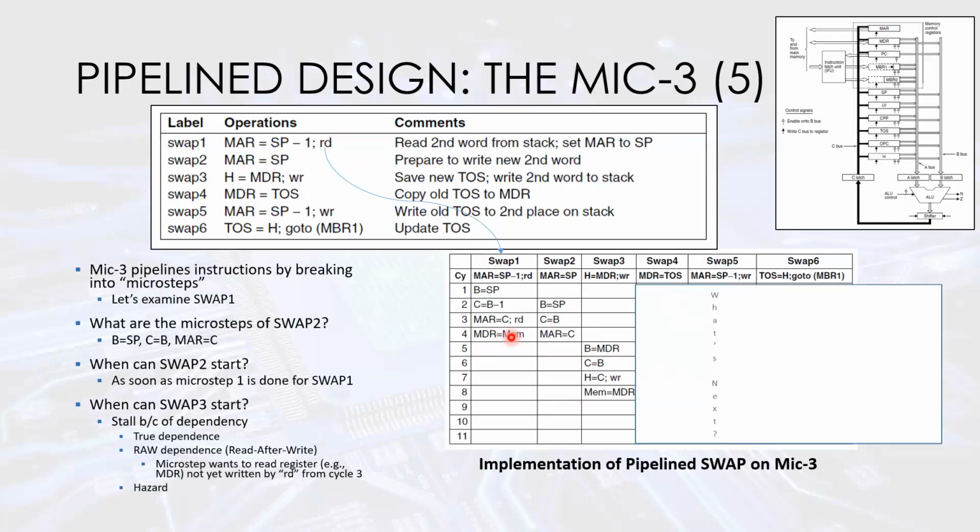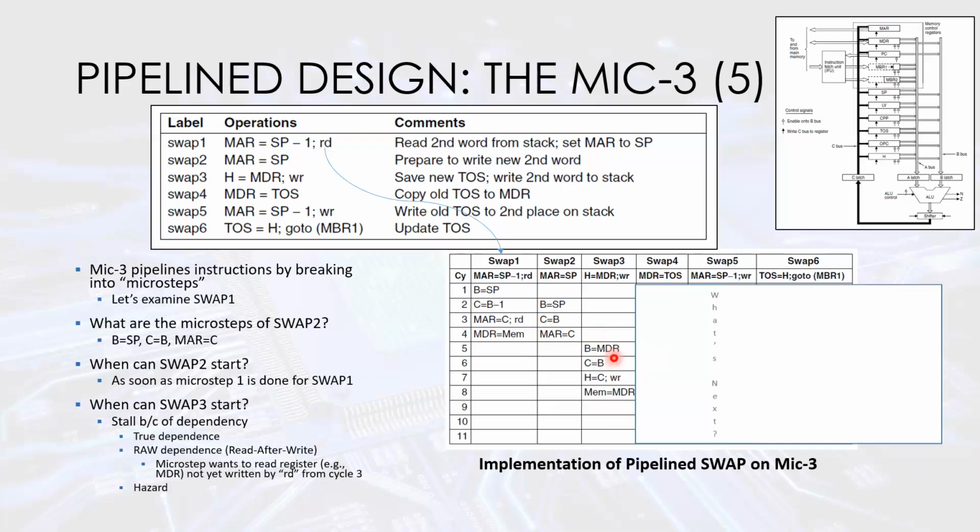So for that reason, we can't assume that it's there and accessible until cycle 5. It could be fairly early in the cycle that we get that result back, but we can't assume that it's there anytime other than at the very end of that cycle. So even though we have MDR equals mem here, we can't read MDR into B at this point. So we wait till the next cycle, and then we can do something with it.